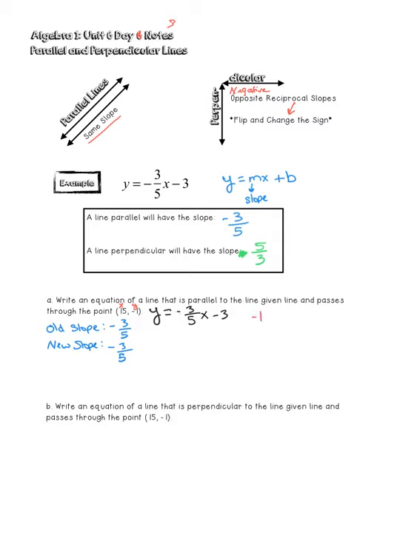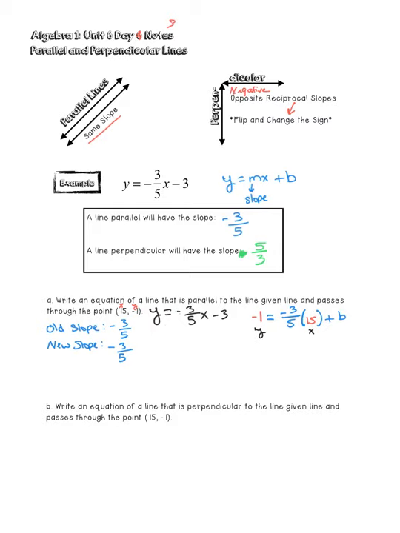Negative 1 equals my new slope, which is still negative 3 over 5, times my x, which is 15, plus b. I don't know what b is. Remember, we did that on the last lesson. I've substituted my y and my x into the y equals mx plus b equation.